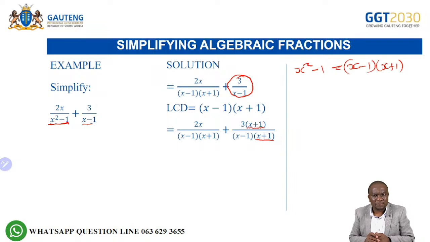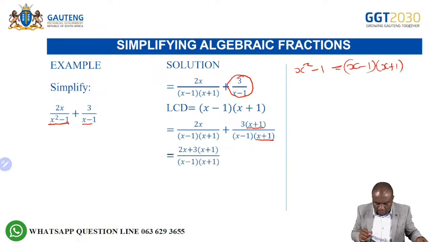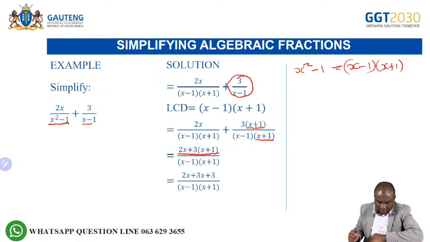So what can we do? We can add the fractions, sorry, we can add the numerators. So it becomes at the top 2x plus 3 times x plus 1. And then we can simplify. Let's remove the brackets. 3 times x is 3x, then 3 times 1 is 3.